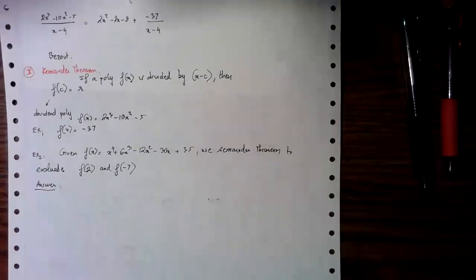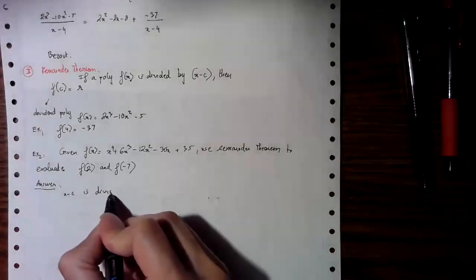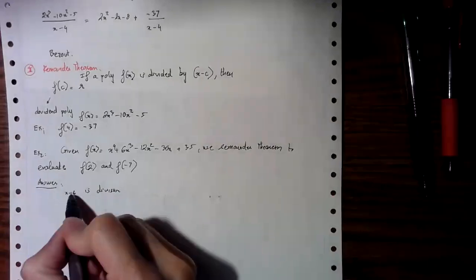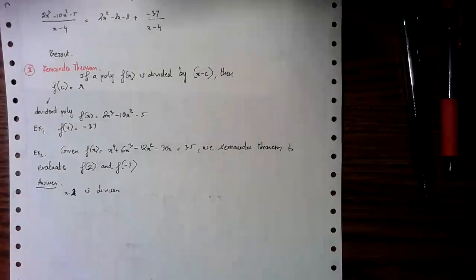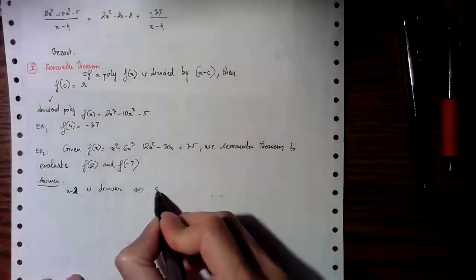So they want us to evaluate f(x) at x equal 2. It means x minus 2 is the divisor, so c is 2.